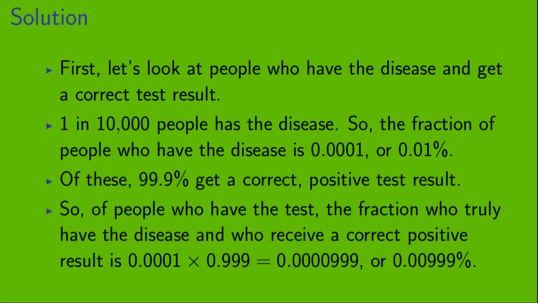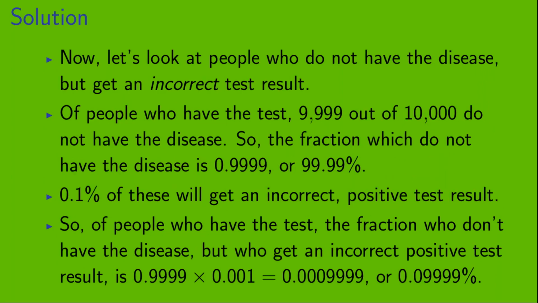So, of people who have the test, the fraction who truly have the disease and who receive a correct positive result is given by 0.0001 times 0.999, which equals 0.0000999, or 0.00999%.